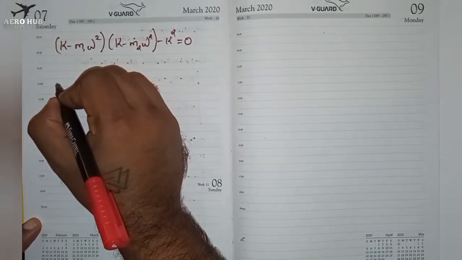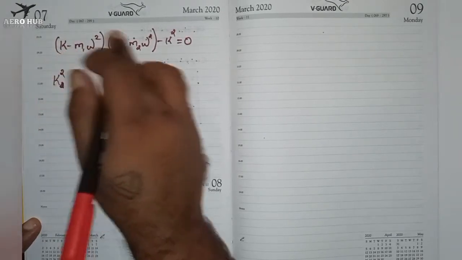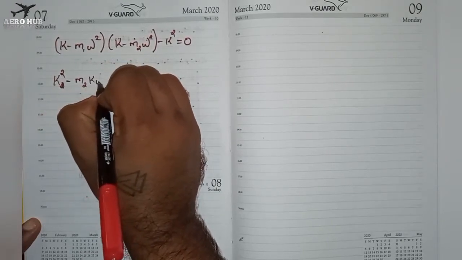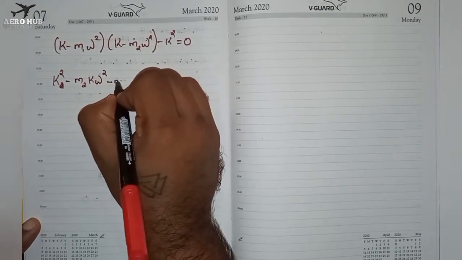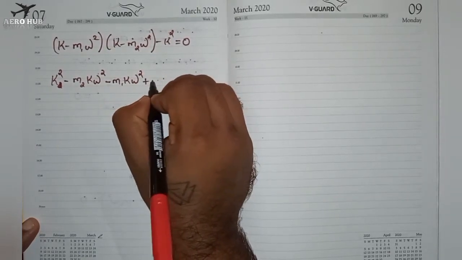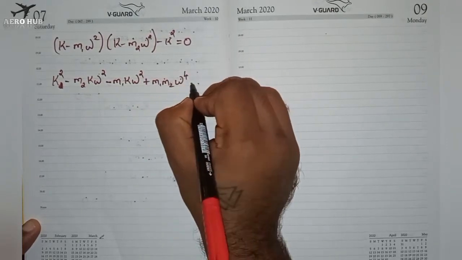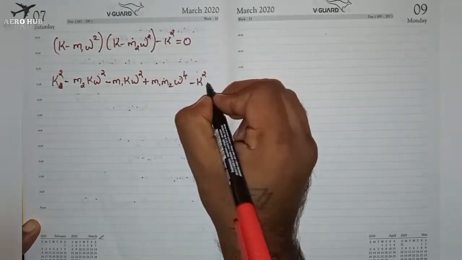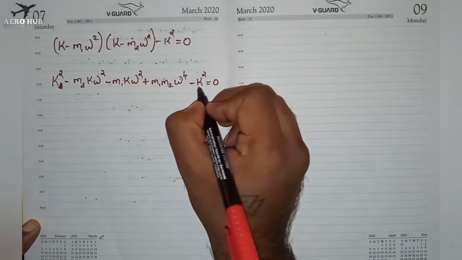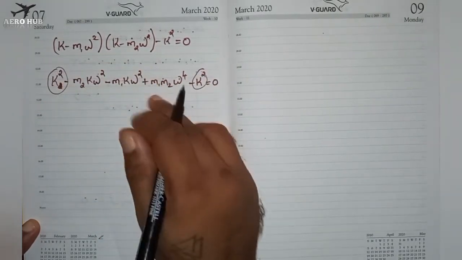So I will get k square, k into m2 will be minus m2 k omega square, minus m1 k omega square, plus m1 m2 omega power 4, minus k square, this one will be equal to 0. So I can cancel out this k square and this k square.